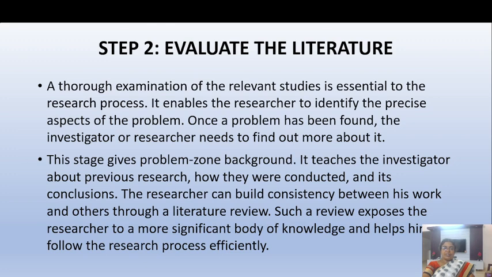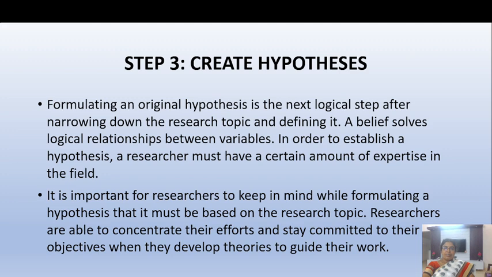It teaches the investigator about previous research, how it was conducted, and its conclusions. The researcher can build consistency between his work and others through a literature survey. Such a review exposes the researcher to a more significant body of knowledge and helps him follow the research process efficiently.